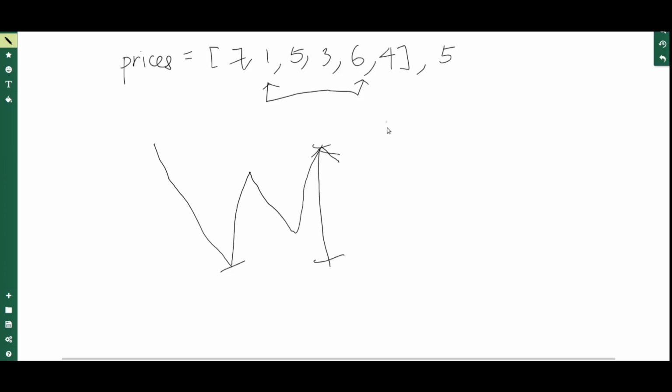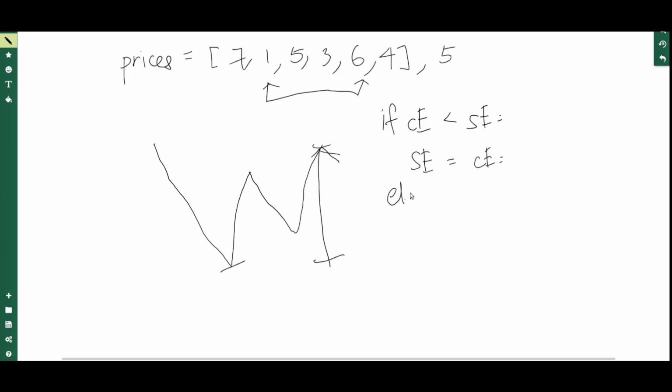So it looks something like this. If the current element is smaller than the smallest element so far, then the smallest element so far equals the current element.